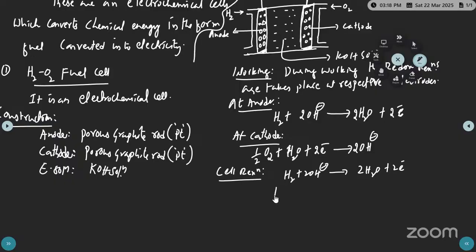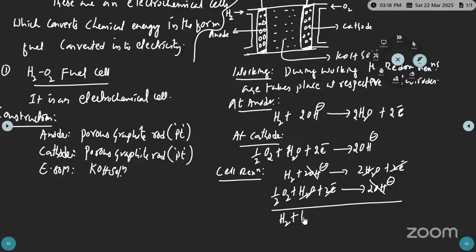And next, half O2 plus H2O plus 2 electrons gives rise to 2 OH minus ions. Okay, right. ఏమైనా కామన్ ఉన్నాయా? The 2 electrons get cancelled and the OH minus ions get cancelled, and from the water molecules, one water molecule remains.